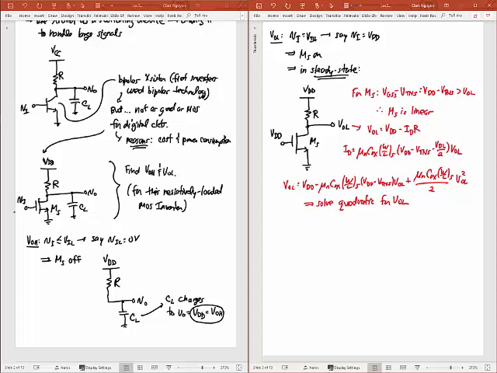And then I can rearrange this, right, and write out this equation here and try to get an expression for the output low voltage, and I would end up with something like this, and this ends up being a quadratic equation. I have a VOL here, I have a VOL squared there, I got another VOL there, and so this is something that I would have to solve a quadratic for to get that output low.